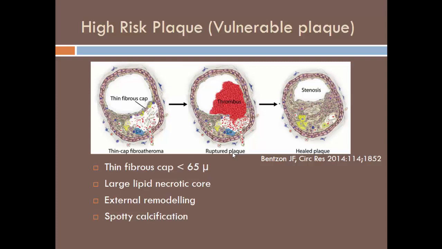From the IVUS studies and the post-mortem studies of patients dying of MI, we know that features of high-risk or vulnerable plaque are the presence of a thin fibrous cap of less than 65 microns, a large lipid or necrotic core in the center of the plaque, external remodeling in the coronary artery, and spotty calcification. Calcifications have also been described as a feature of high-risk plaque.